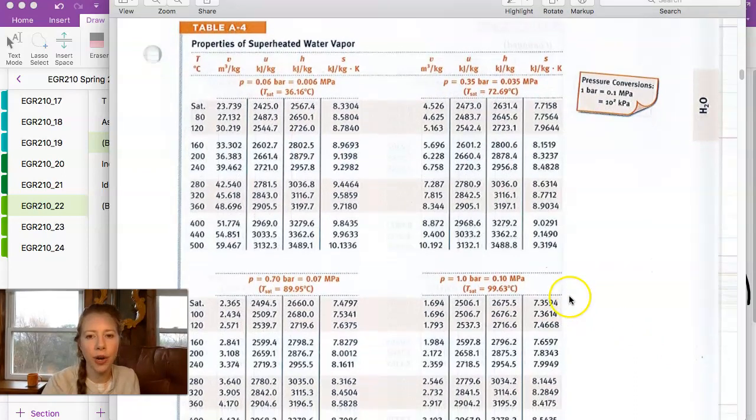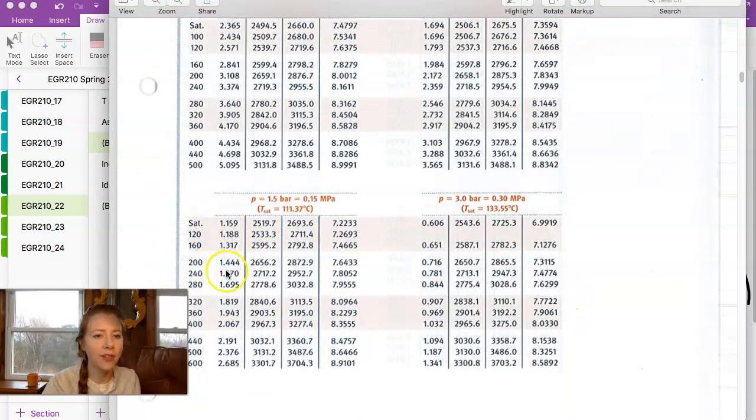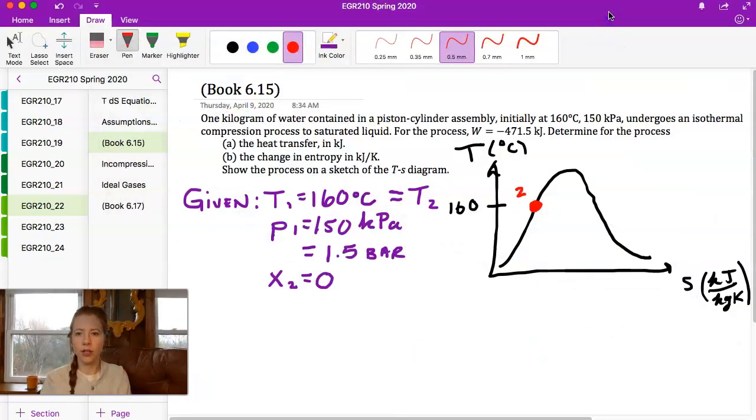And so for pressure of 1.5 bar, yes, if we have temperature of 160 degrees, we are in fact superheated. So we are going to start somewhere out here. And this is a constant temperature process. Okay, so check, we showed our process on a TS diagram.